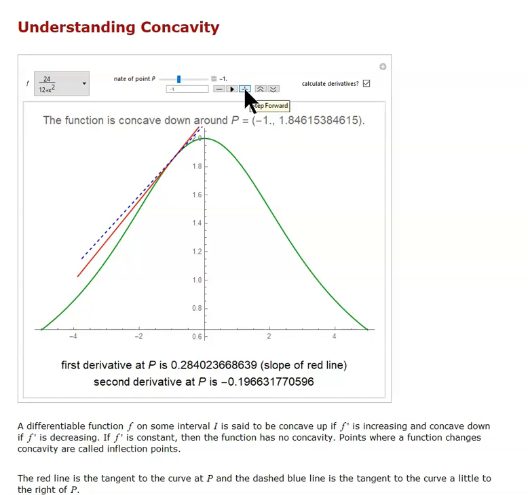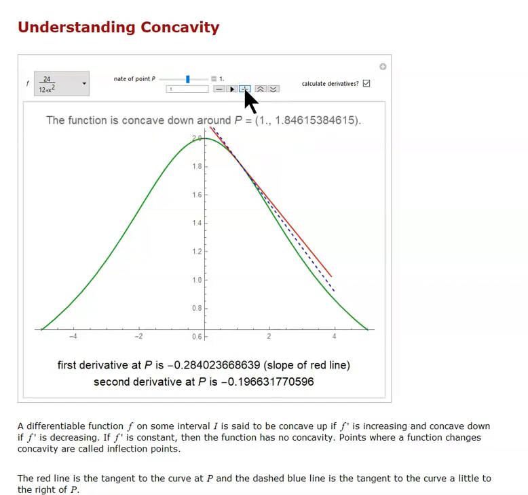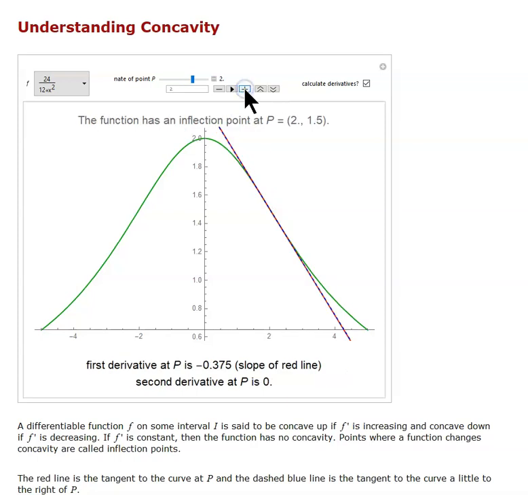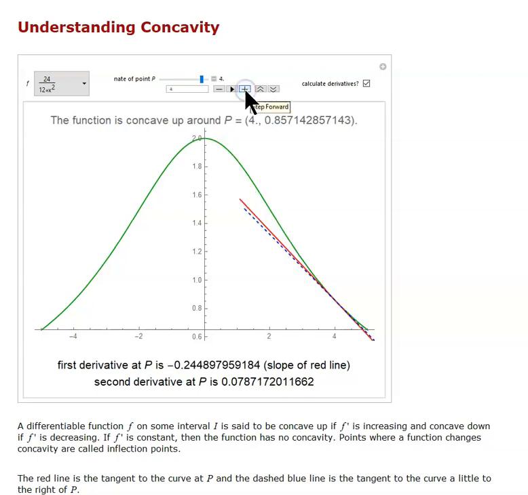We've got 0.284, 0, negative 0.284. Notice the decrease, negative 0.375. And now our first derivative will start to increase again. We can see negative 0.375, negative 0.326, negative 0.244. See, we're increasing our first derivative.